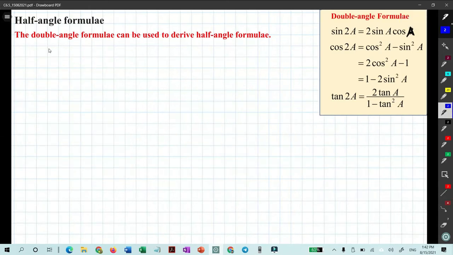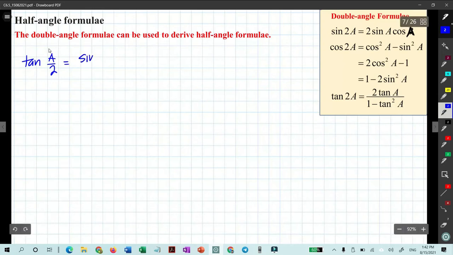Okay, let's see how to derive the half angle formula for tangent. Tangent a over 2 can be written as sine a over 2 over cos a over 2.